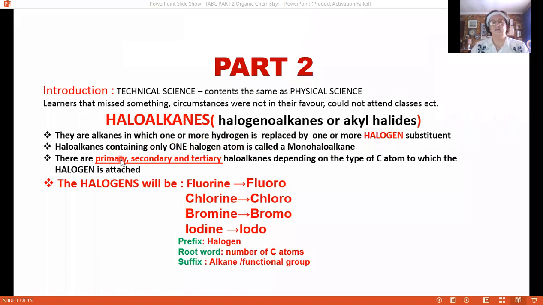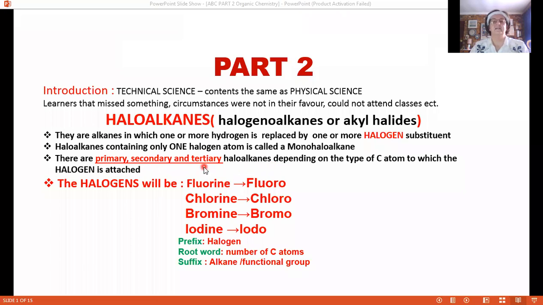And then also the primary, secondary, and tertiary haloalkanes that we look at in part 5, where you have one carbon atom attached to the halogen at the primary, 2 carbon atoms at the secondary, and 3 carbon atoms attached to the halogen in the tertiary haloalkanes.